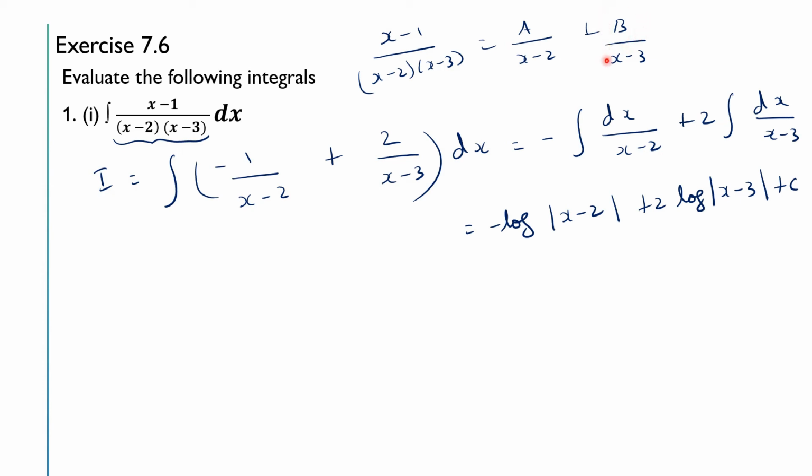So in the next question I'll explain an easy method from which we can find A and B in a less time consuming manner. So the answer for the given integral is minus log mod (x minus 2) plus 2 log mod (x minus 3) plus c.